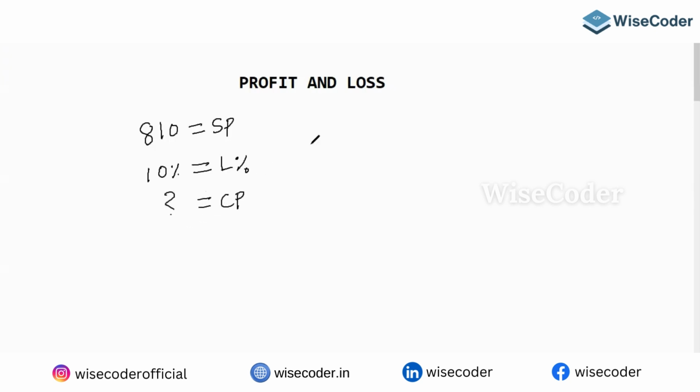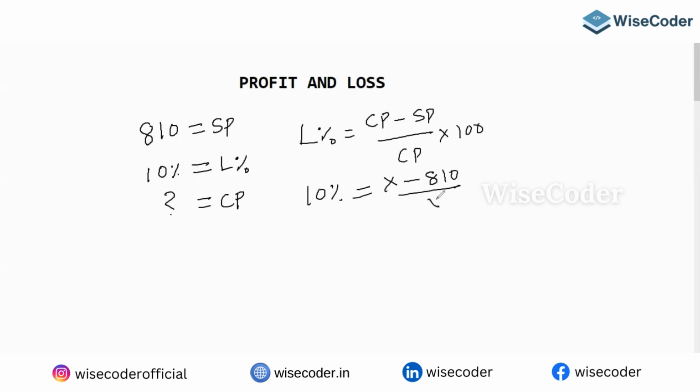Just now we saw formulas. What is the loss percentage formula? Loss percentage is CP minus SP by CP into 100. Loss percentage is 10%. I don't know CP, so let me take CP as X. X minus SP, which is 810, by X into 100.